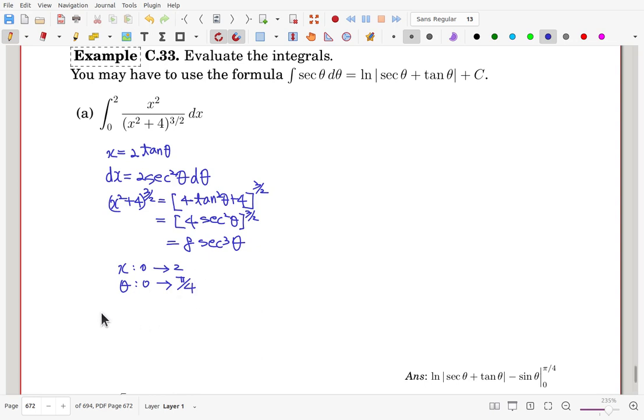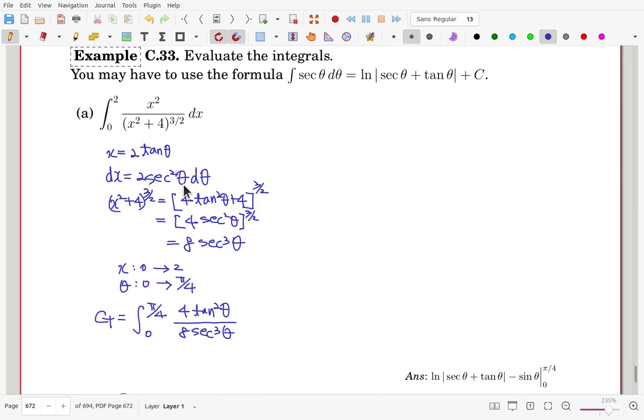So for the given integral, we have from 0 to pi over 4 integration. Top is x squared. That is now 4 tangent squared theta. And bottom, we already got here 8 times sec cubed theta.